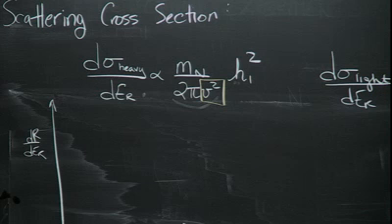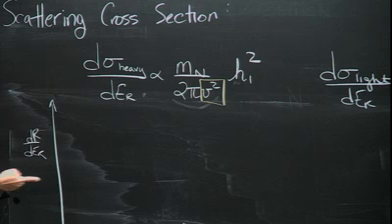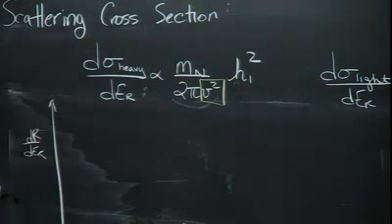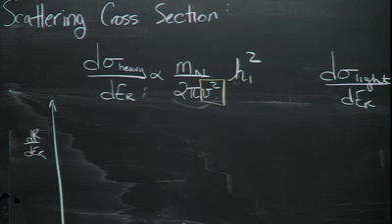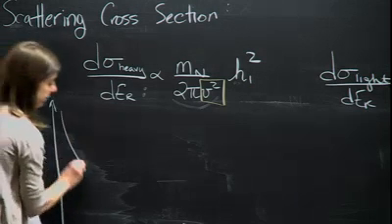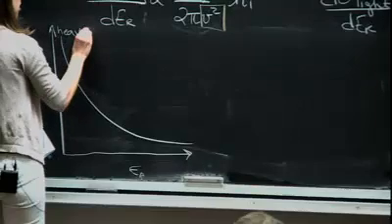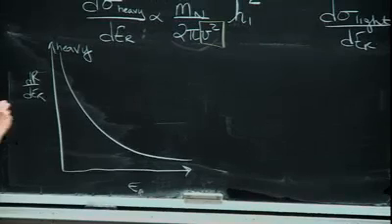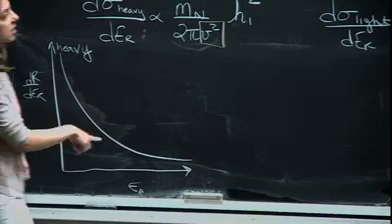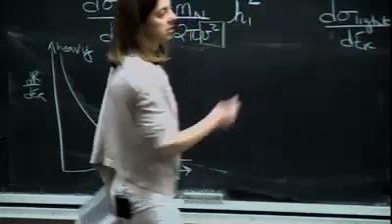Are there any thoughts? Maybe I should start off with this. So what should I draw for the heavy mediator case? Yeah, same thing as the middle, right? So that's just a falling exponential. That's the heavy. And relative to this, how is this one going to look different?